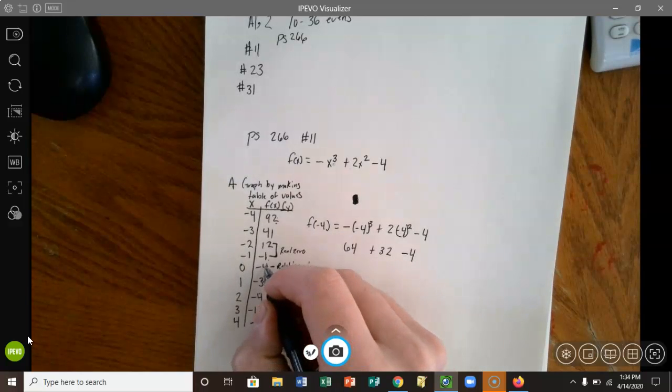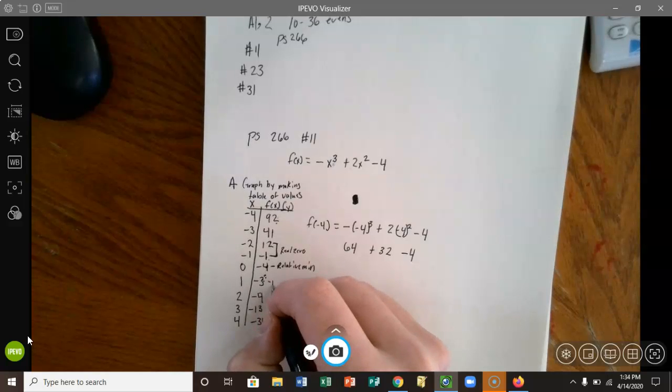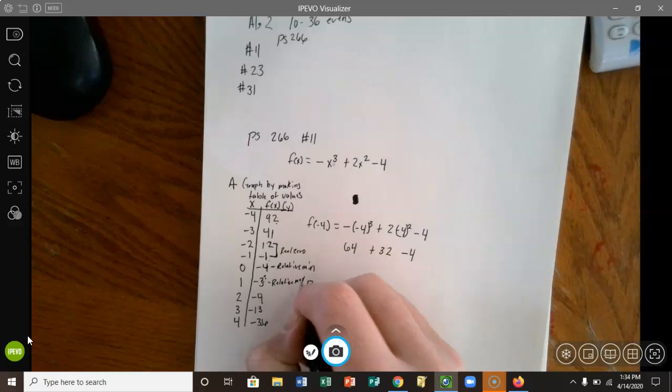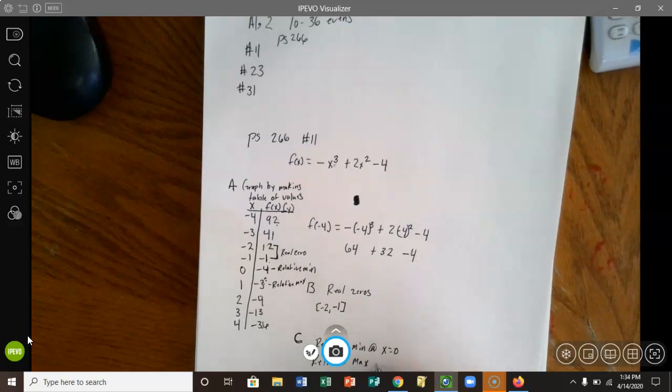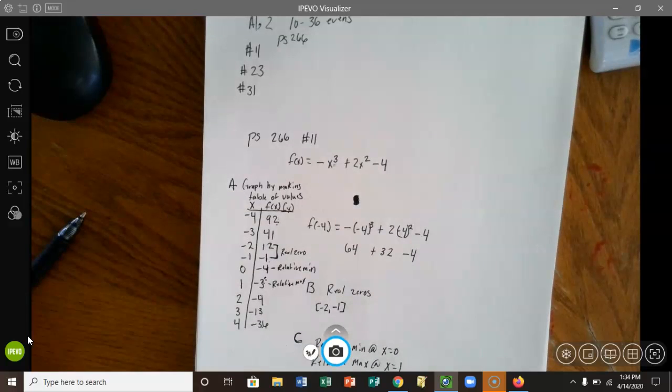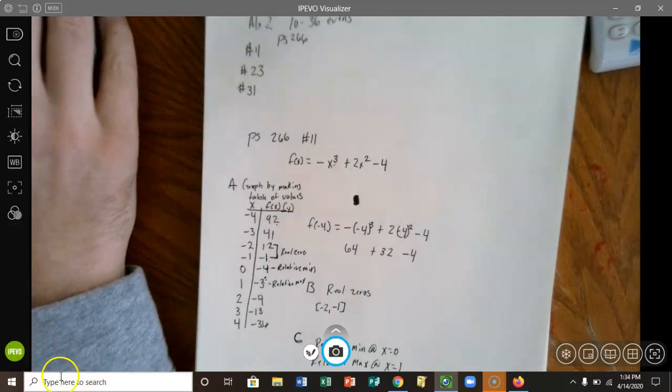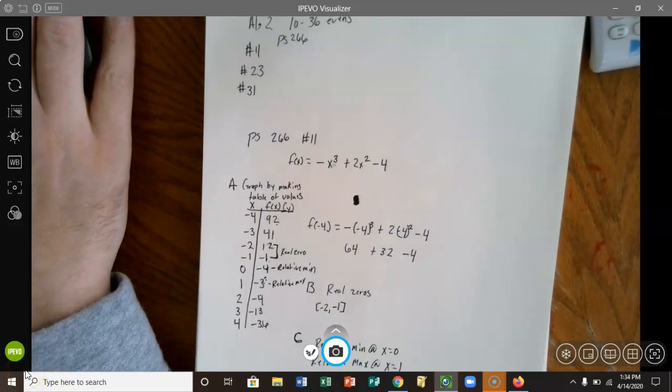So negative 3 is bigger than negative 4. So that means that this is a relative max. And that is problem number 11 on page 266.